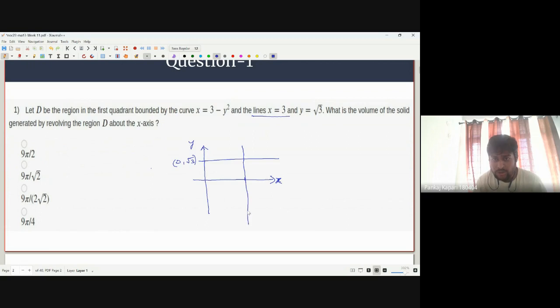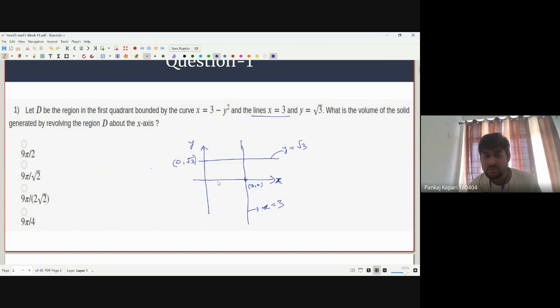Let me draw the region first. This is the line y equal to root 3. This is our line x equal to 3. This is the point 3 comma 0, and then there is a curve. What is that curve? It is a parabola, x equal to 3 minus y squared.